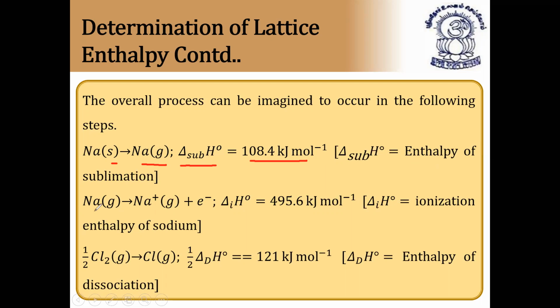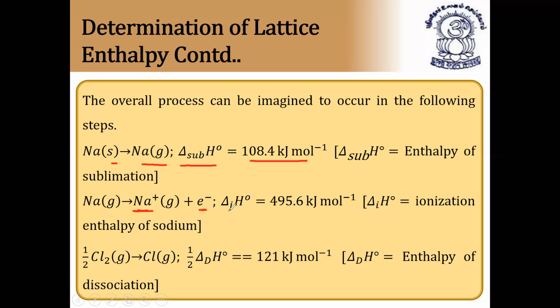Next, the second step. This sodium gas atom is ready to lose its valence electron, forming a sodium gaseous ion by losing one electron. That's why on the right-hand side we are taking plus electron.